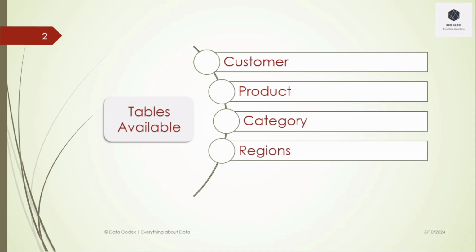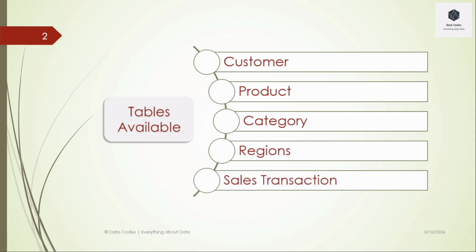We have a region table, which contains all the regions along with the country. Finally we have the sales transaction table, which contains all the information about the transaction, what the customer bought, and the sales date along with the quantity and the unit price the product was sold at. Based on these 5 tables we are going to solve a few questions today.